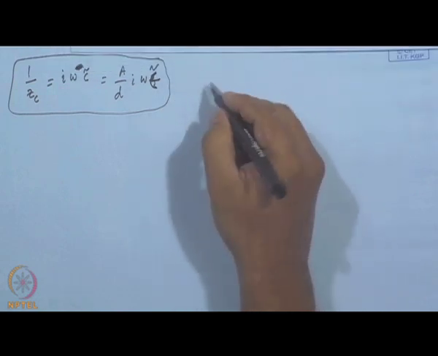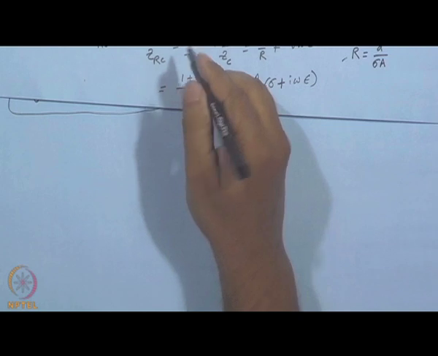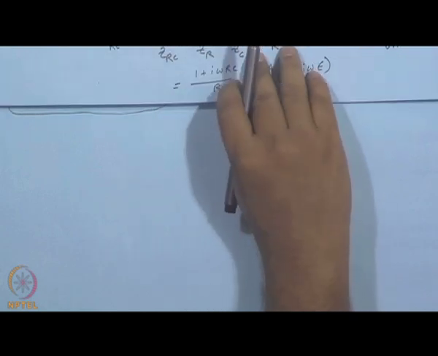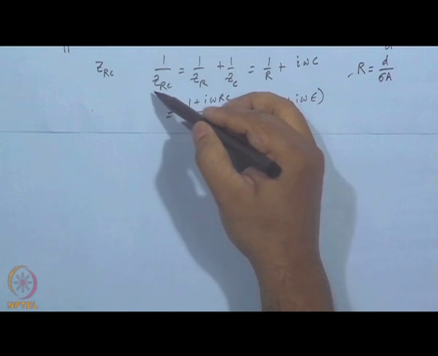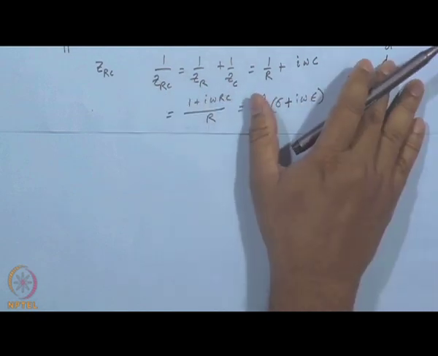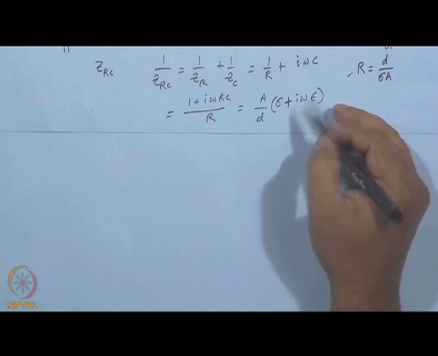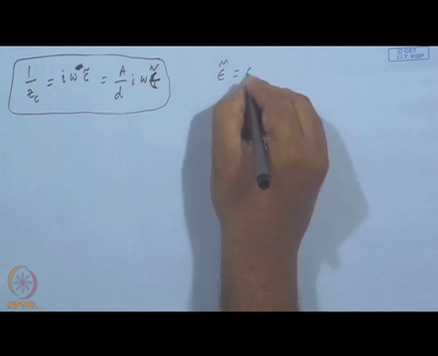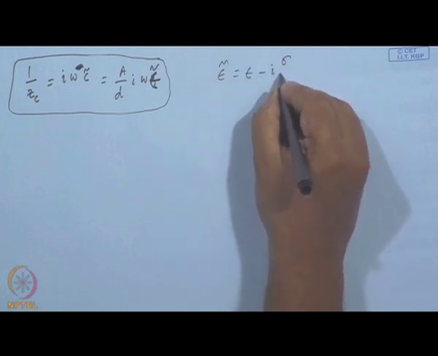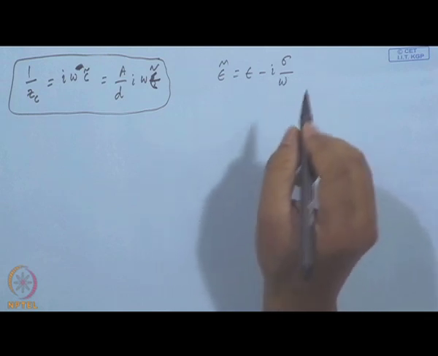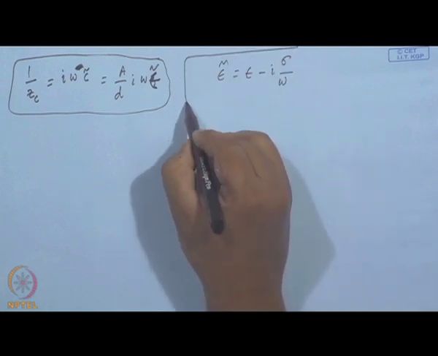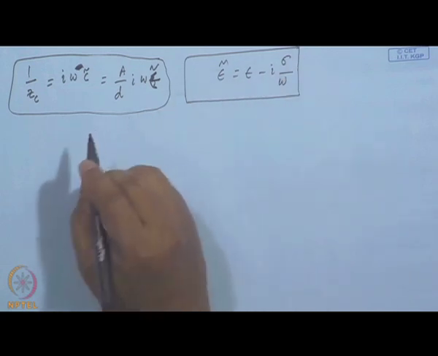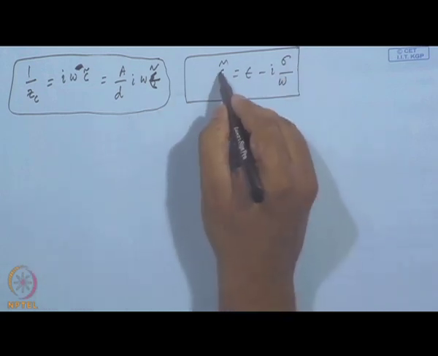In that case, it would be 1/Z_RC. If one equates these two, this will lead to ε minus iσ/ω.